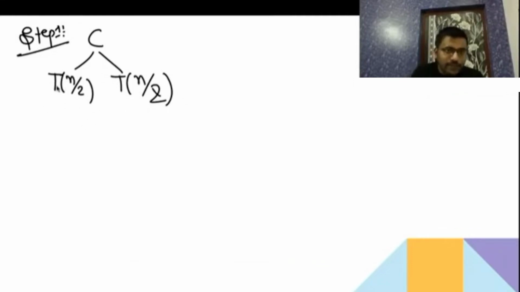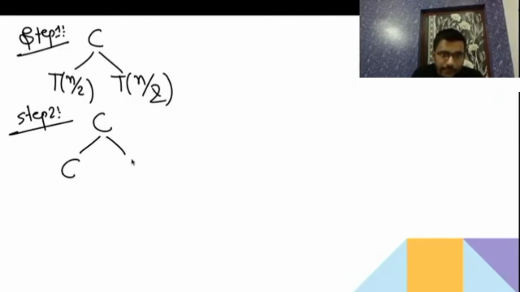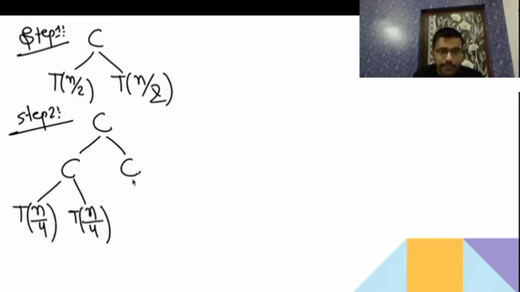Now again, if this does some constant work like c in step 2, it will divide into two subproblems, into half. So it will be n/4, it will be n/4, and here it will again be T(n/4), like this it will go.